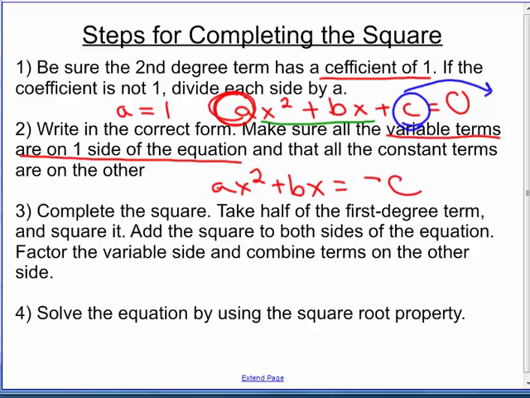At this point, now I have to complete the square, meaning this. I'm going to add something to both sides that will make the left side a perfect square. Now, what do I add? I'm always going to add half of b squared.